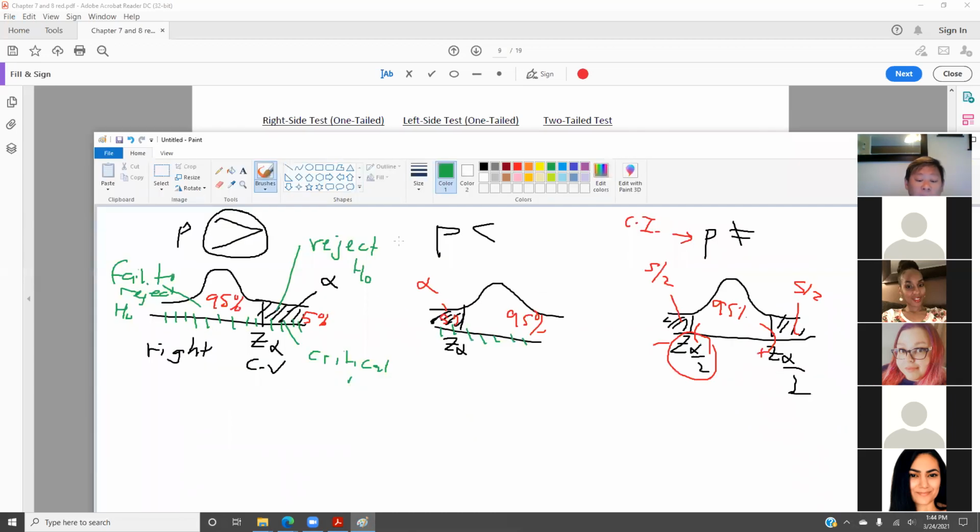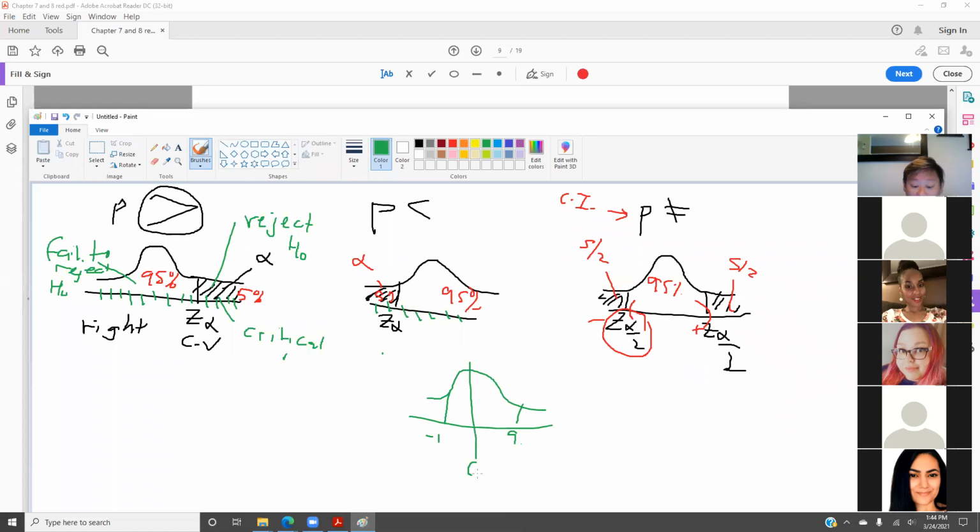So remember last time when we did the garlic one, this is a negative something, and this is 8, 9 point something, right? So you find out 0 is here. So that means that that is this case. So you are in the fail to reject H0.